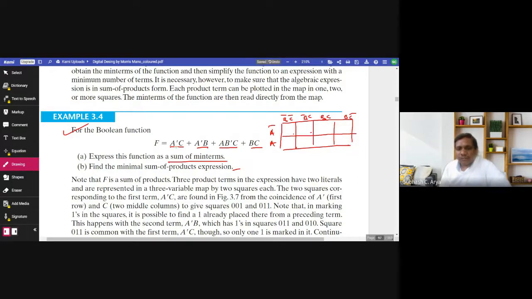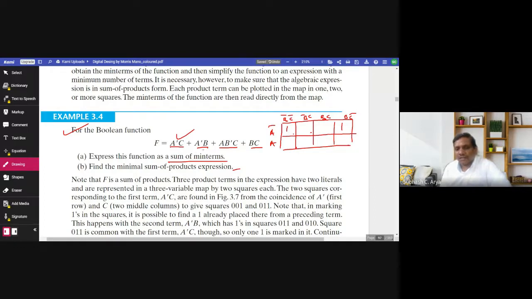So a bar c. Where is the a bar c? This is a bar. The entire row covers a bar. And where is the c bar? C bar is there in first and last. But first and last also cover your b bar and b. So we can write here 1 and 1 to express a bar c.